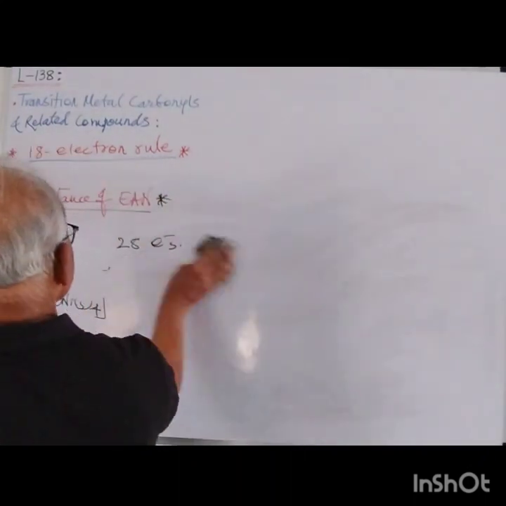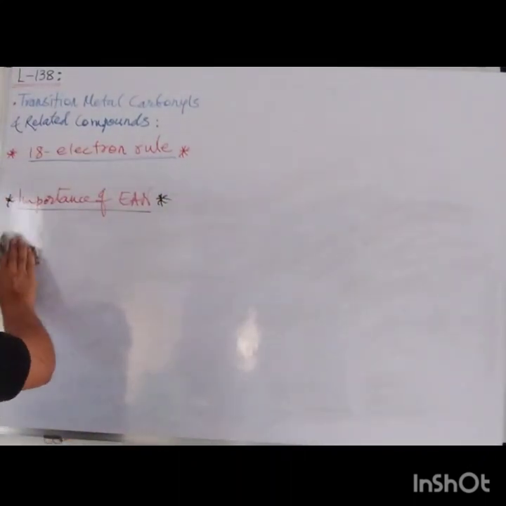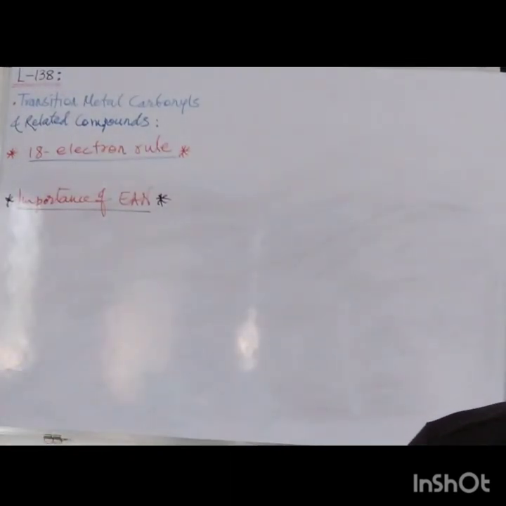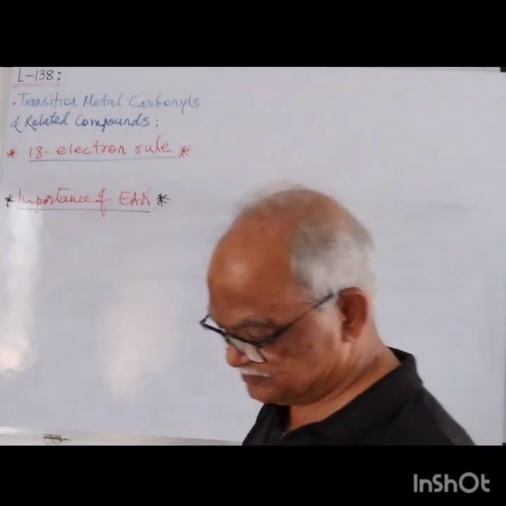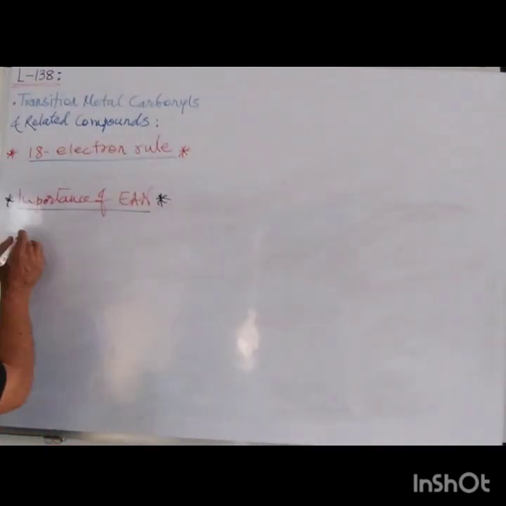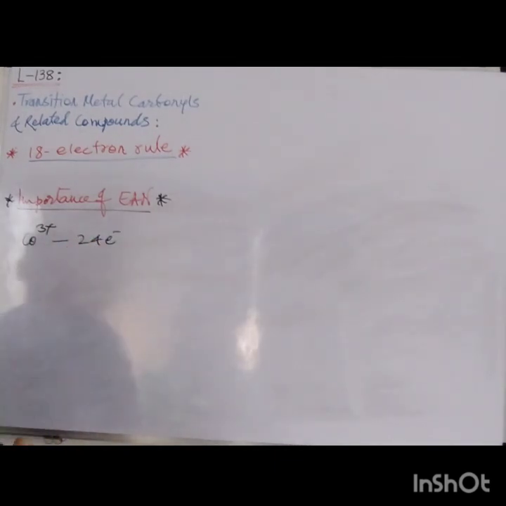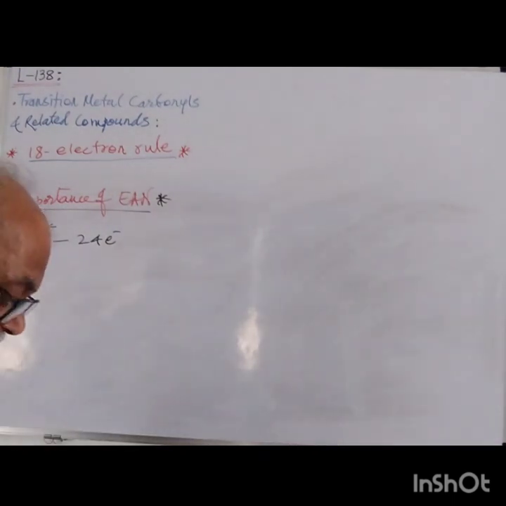Then we will see another example: cobalt 3+. This cobalt 3+ has 24 electrons in the Co3+ state.